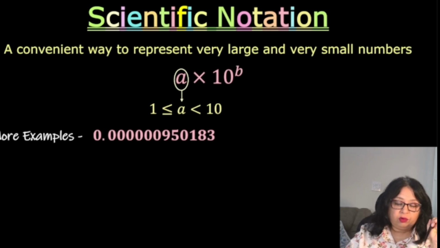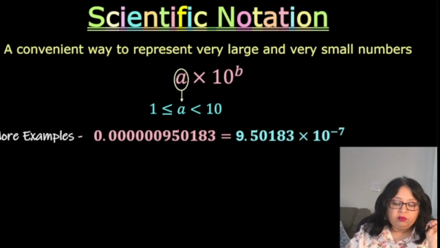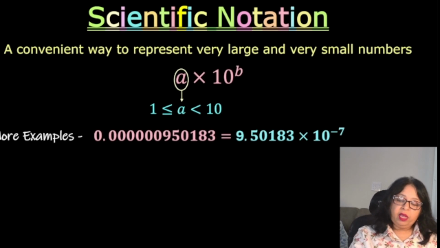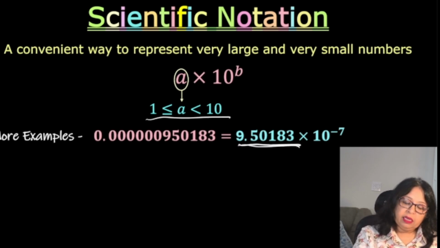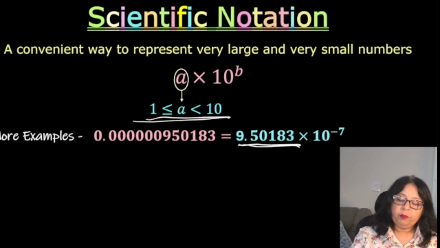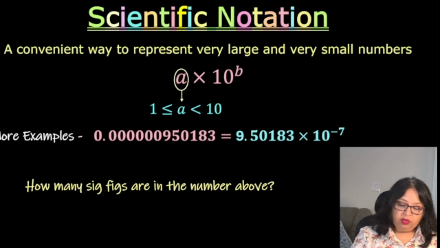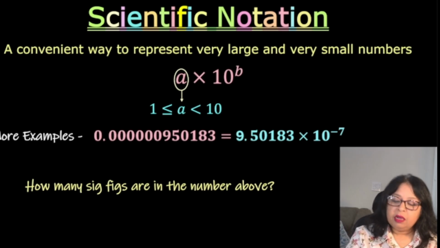0.00000, too many zeros, I lost track, followed by some non-zero digits, then a zero, then again some non-zero digits. Let's go ahead and write this number in scientific notation, and there it is, 9.50183 times 10 to the power minus 7. Look at this a, the coefficient, and you can see for yourself that it indeed lies within this range. Now, how many sig figs are in the number above?